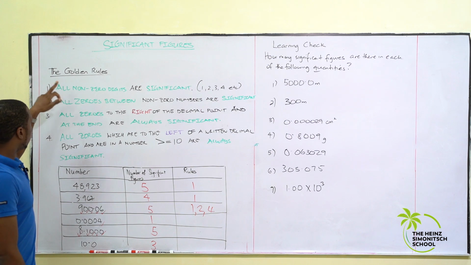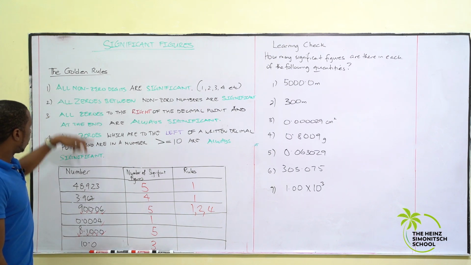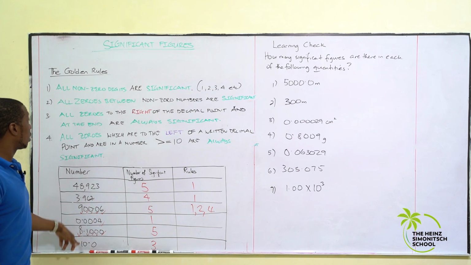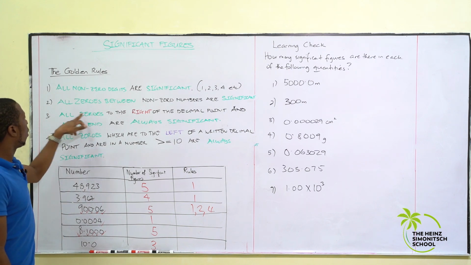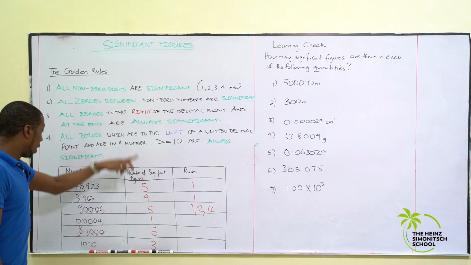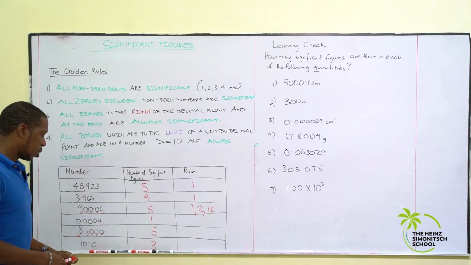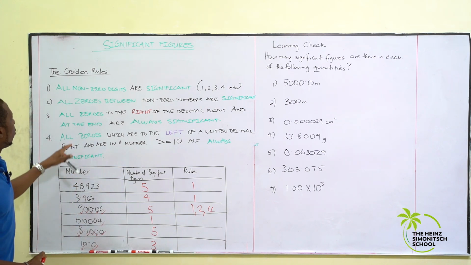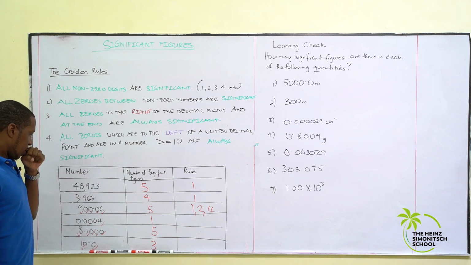So again, we have 1 here, which is a non-zero digit, so that will be significant. And then it says that all zeros to the right of the decimal point and at the end are always significant, so that 0 will also be significant. And then number 4 will also apply as well.